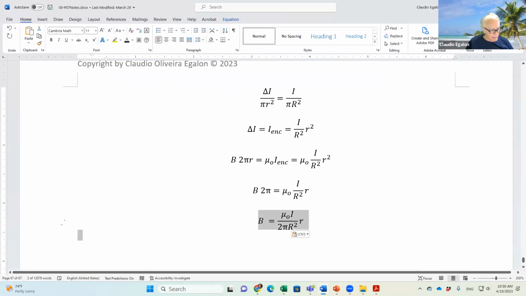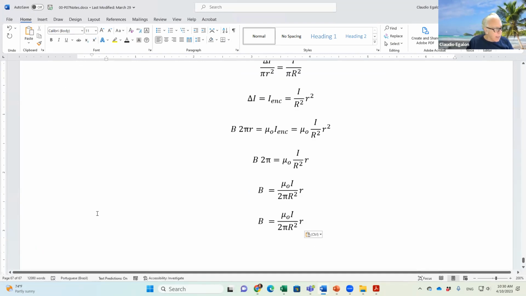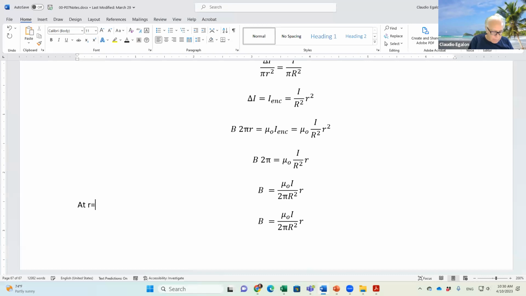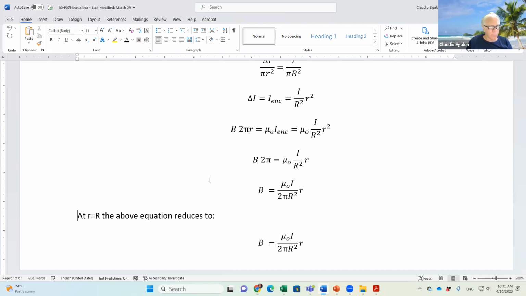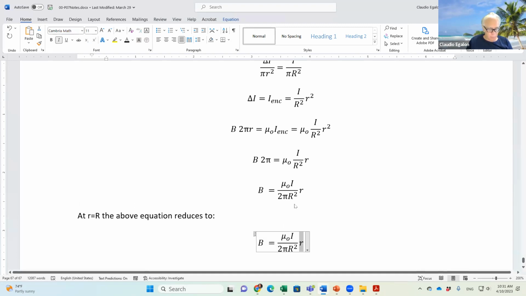Okay, I've noticed that at small r equal to big R, what happens? The above equation reduces to that.